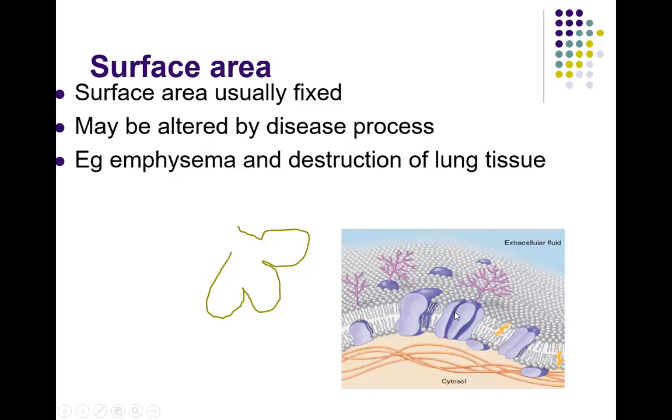Like I said, the more channels that you have open, the more of that particular substance can enter or exit the cell, depending on those concentration gradients. So if you close pores or open pores, that's going to affect the flux or flow that's happening there. When we think about the surface area of a cell, it's pretty fixed.